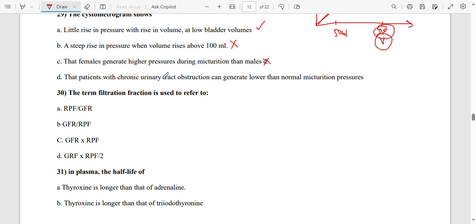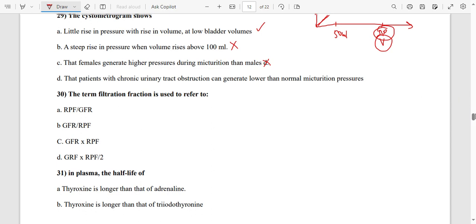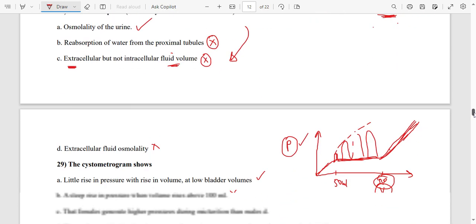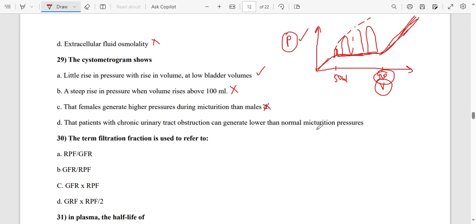Patients with chronic urinary tract obstruction can generate lower than normal micturition pressures. Really not.